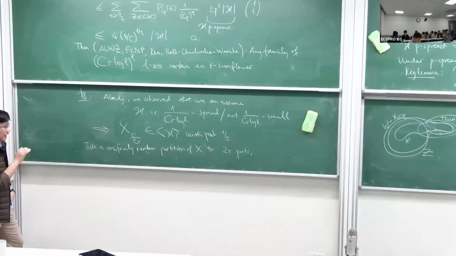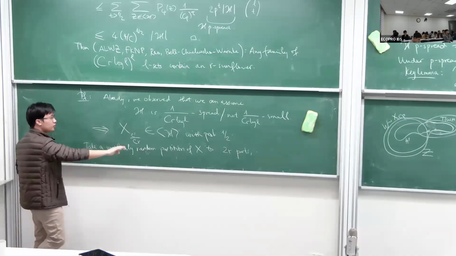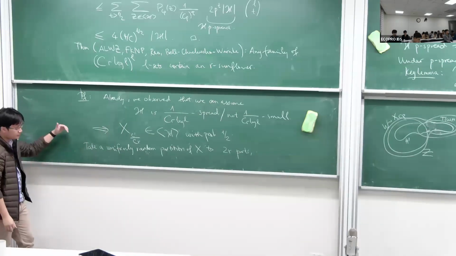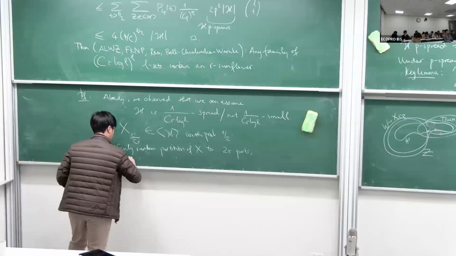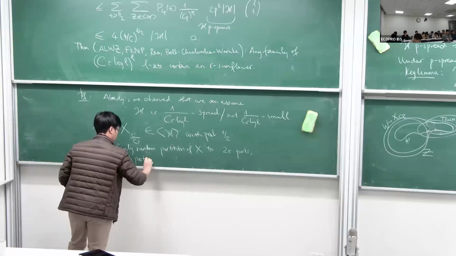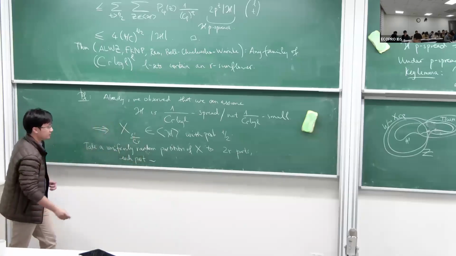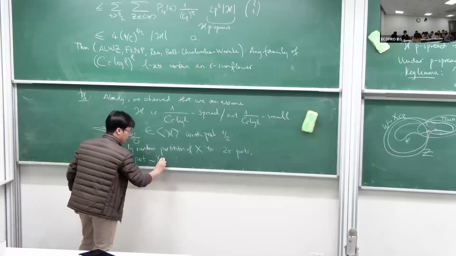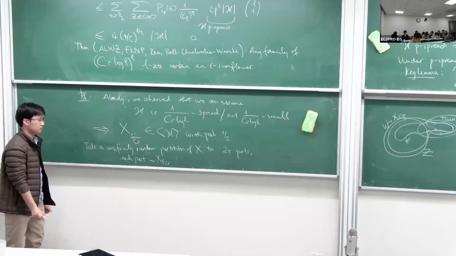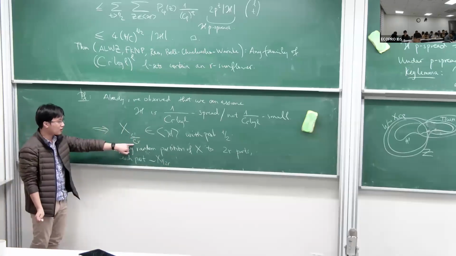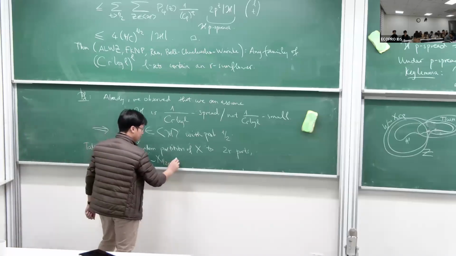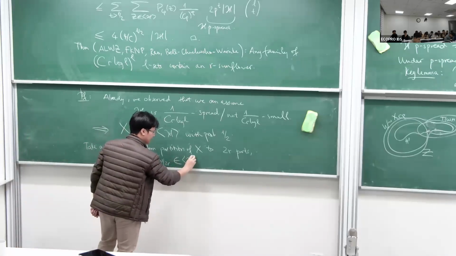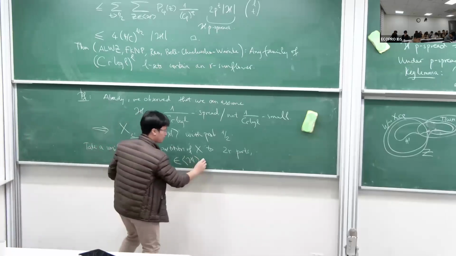And it's not so hard to compare the distribution of each part in this uniformly random partition to this random subset of X with density 1 over 2R. If you now choose this constant C correctly, then you can guarantee that each part will contain at least one set from H with probability at least 1/2.